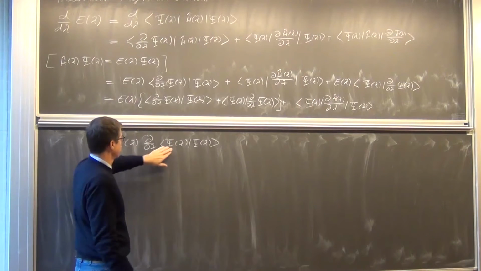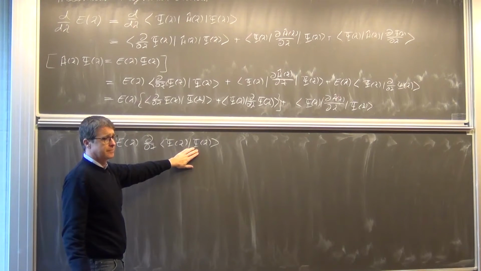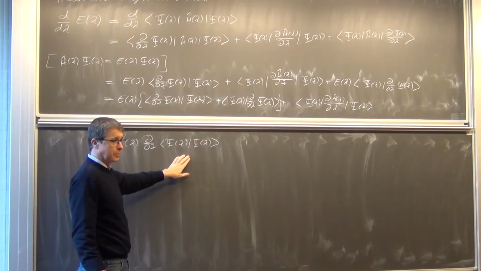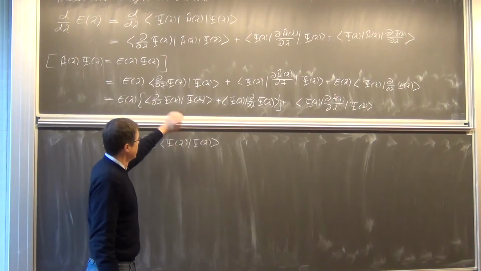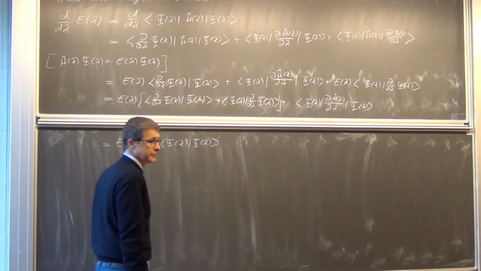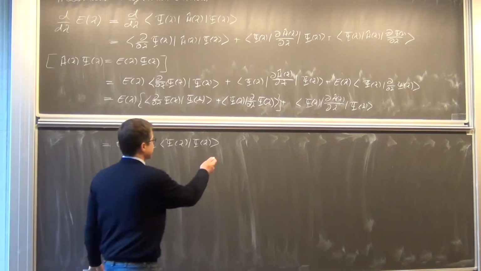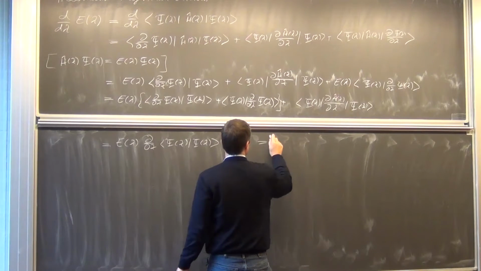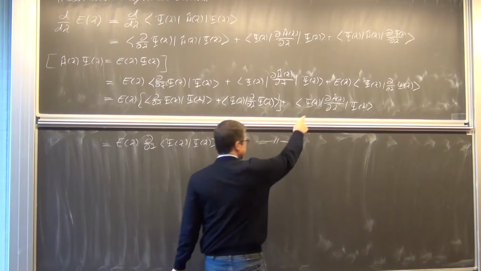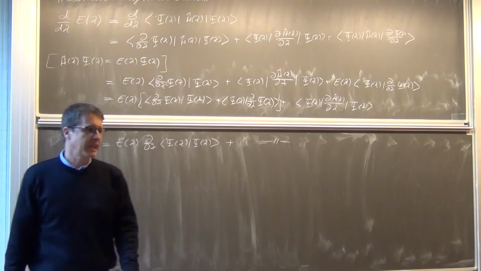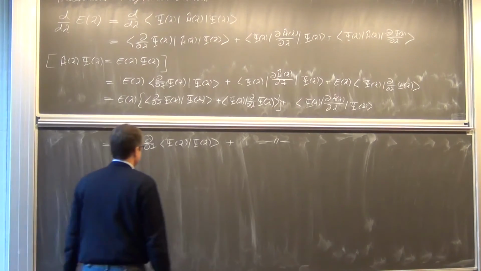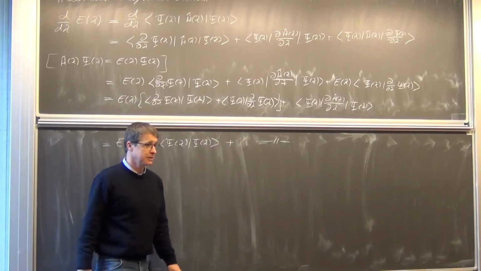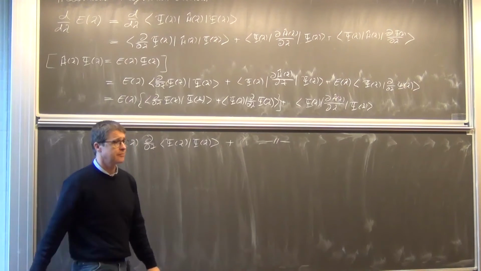Because if I take the derivative of this integral, I bring it in, this is a product, so I get two terms. I get the derivative of the bra, and I get the derivative of the ket. So that's the same. And then again, for the third time, and now I'm not going to write it again, the expectation value of the derivative of the Hamiltonian. But that is the derivative of the norm of the wave function with respect to this lambda.